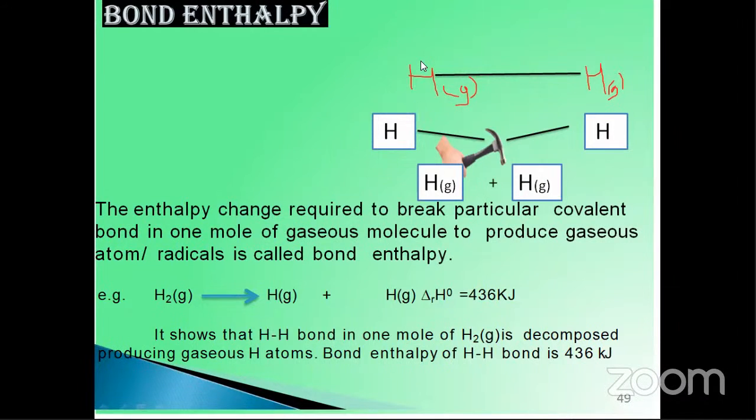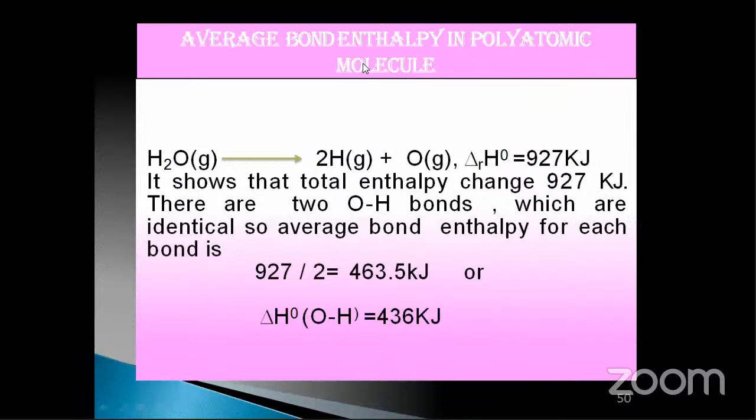Now we'll move to the next slide. What is average bond enthalpy? We'll see here. The water molecule in gaseous state breaks to give 2 hydrogen and 1 oxygen atom.